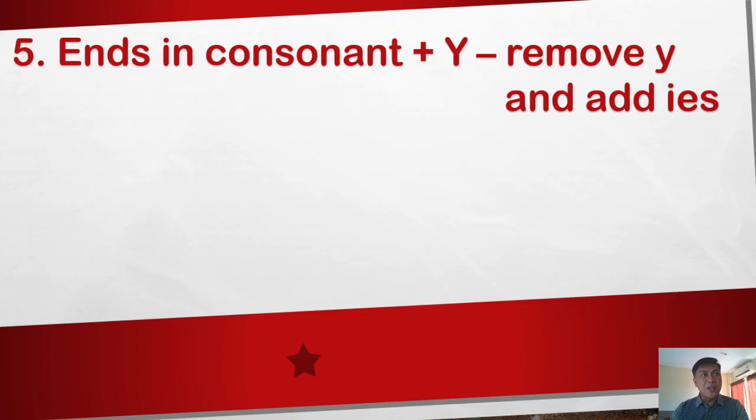Those are B, C, D, F, G, H, J, K, L, M, N, P, Q, R, S, T, V, W, X, Y, and Z. So for consonant plus Y, you remove the Y and add I-E-S.